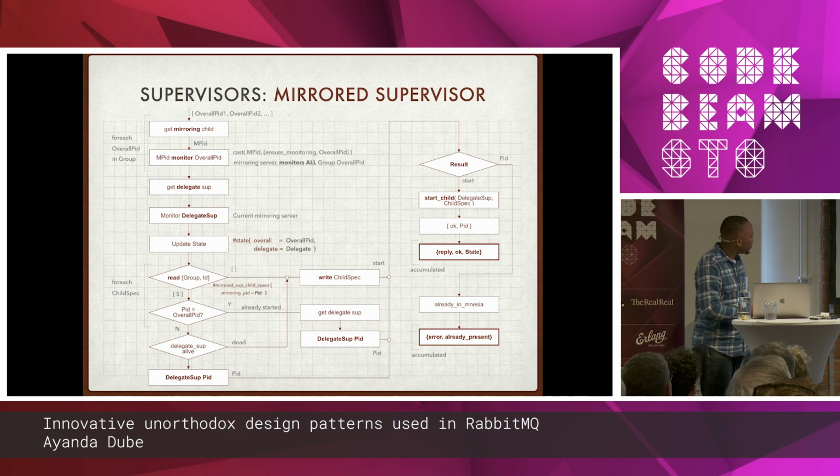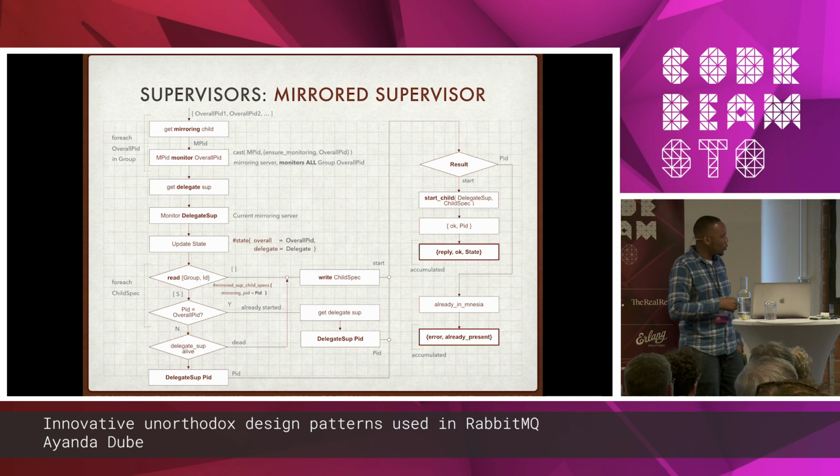And then after that, it will monitor the delegate supervisor. It will check if the child spec already exists in Amnesia. If it doesn't, it will create a new child spec. If it did, it will check if the current child spec's overall supervisor PID is the same as the current one, and mark that as alive.